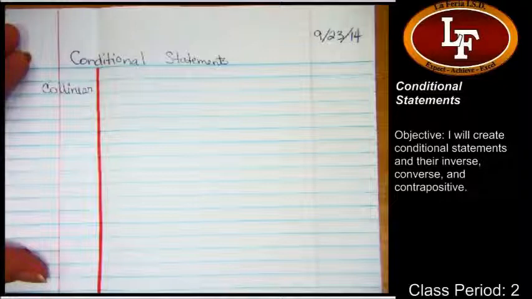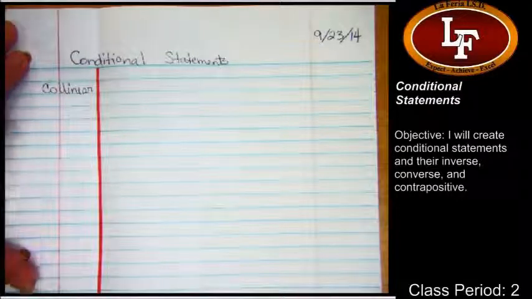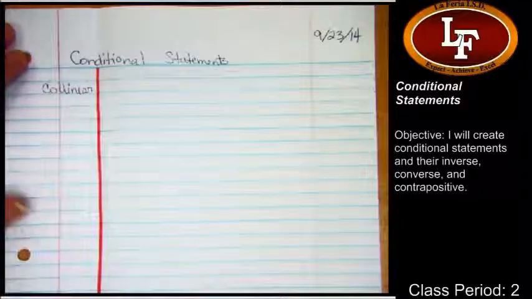How would we write this, points on the same line, as an if-then statement?